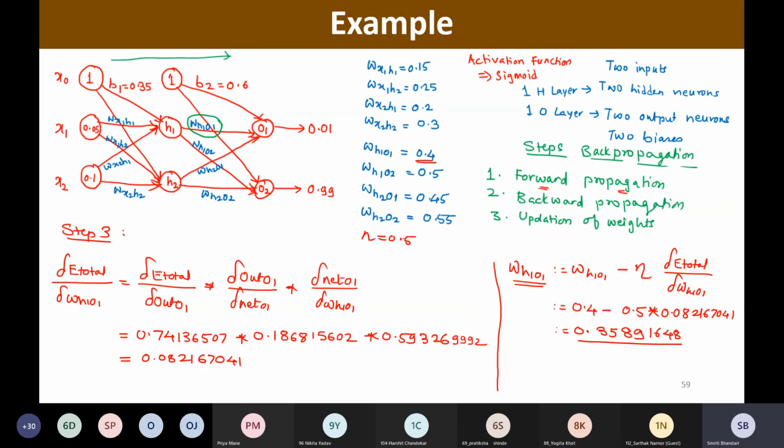Almost all the libraries directly provide functions for training neural networks and the back propagation algorithm. Whatever procedure I described right now has already been coded in those libraries, and simply whenever we use that library, it is possible for us to train our neural network.